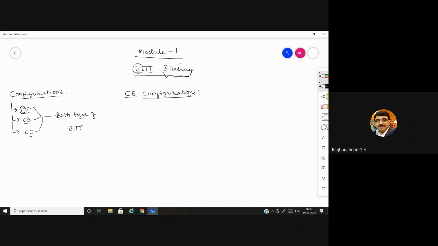If we are telling common emitter configuration, and if I'm taking NPN transistor, then NPN, emitter, the base, collector.